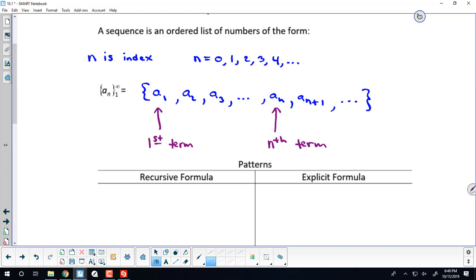The ways we can write this particular a sub n are two. We could write them recursively or we could write them explicitly.